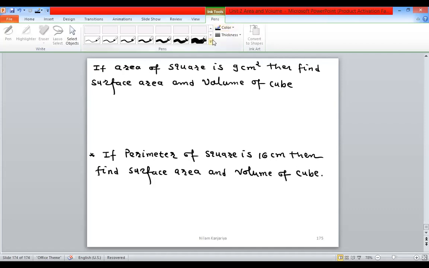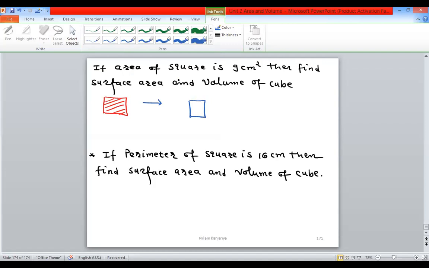What is given to you? I'm just suggesting a figure. So this is the given. Area is given here. This thing is given. And you can find the surface area and the volume. So what can you do?